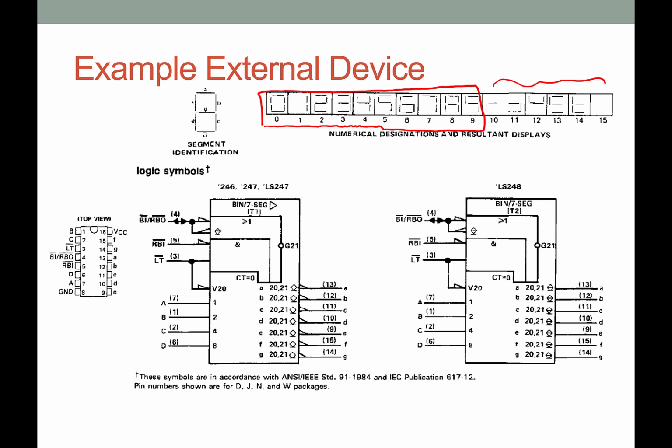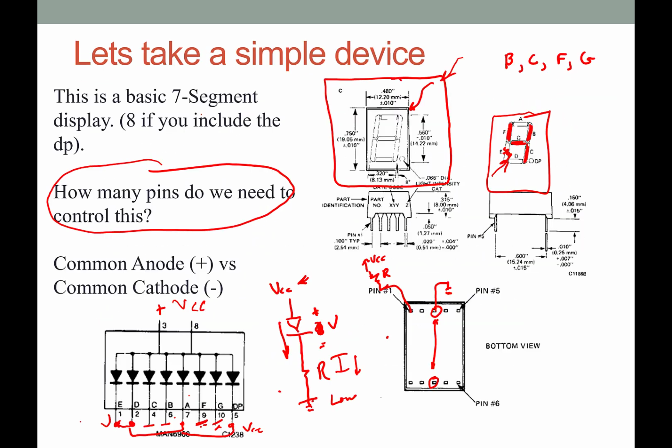So you can see that with this particular one we have A through G, the outputs of the 7-segment display, and notice it counts it here for this decoder. This is A, B, C, D, E, F, G. Is that the same as our actual chip?